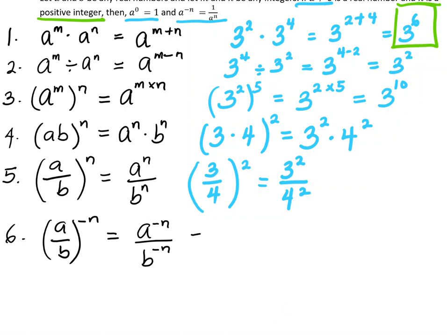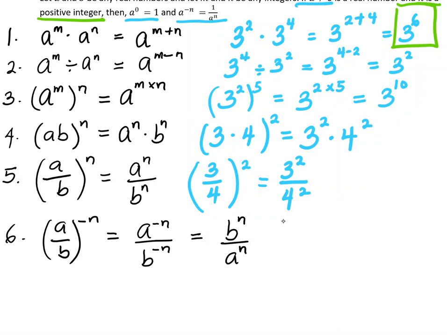Well, the law says we can, if we want to ensure that this negative integer becomes positive integer, then what we can do is to reverse or invert this, and we have B raised to power of n divided by A raised to power of n.